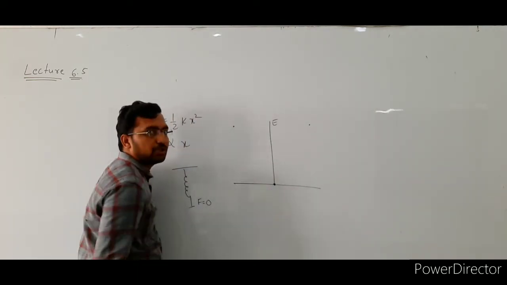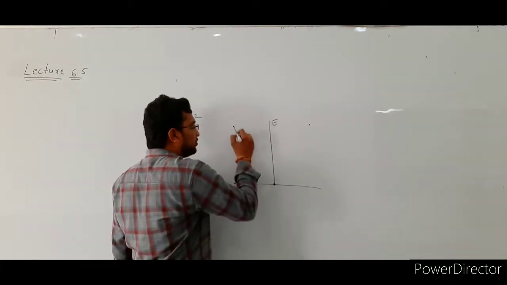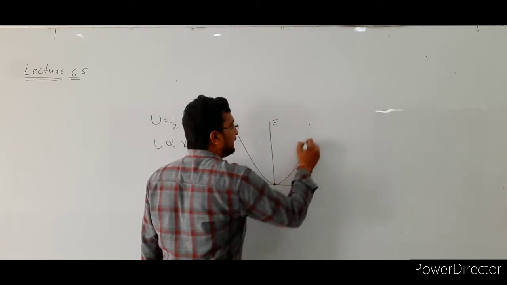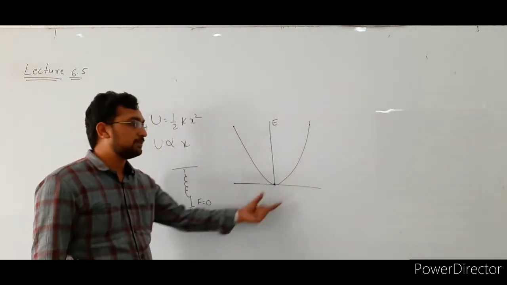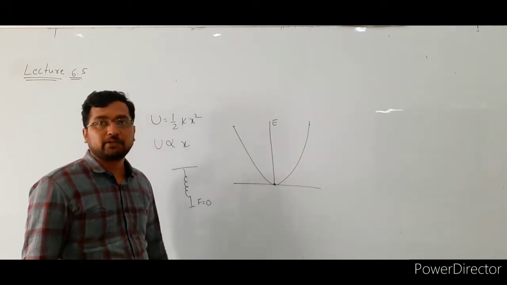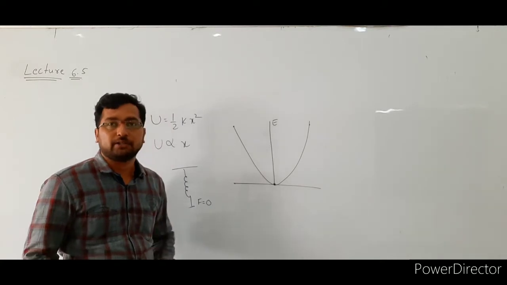Here is also an extreme position, where the energy is more. At the mean position or equilibrium position, the energy is 0. If we join all the points, this graph indicates the variation of elastic potential energy with respect to the distance, or with respect to the expansion or compression.